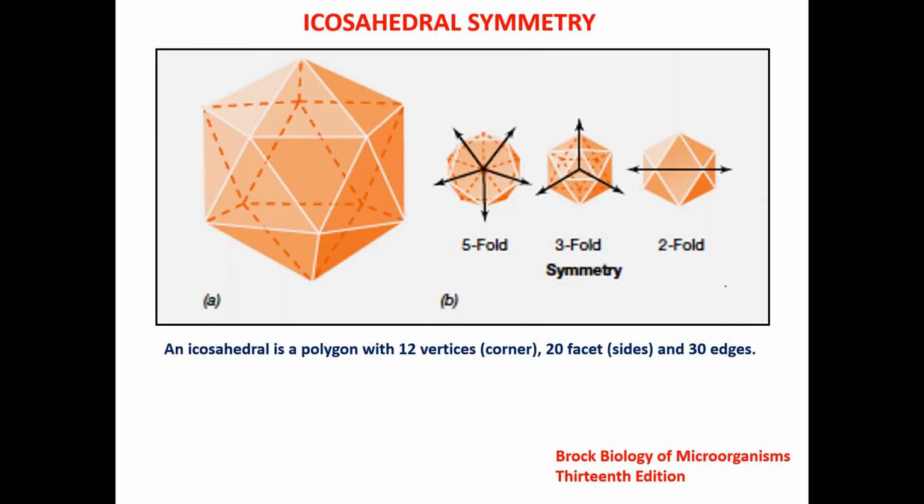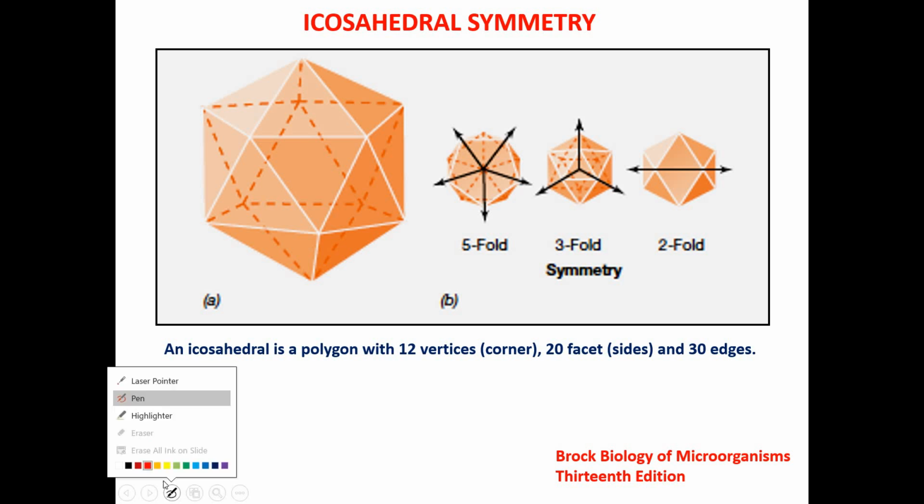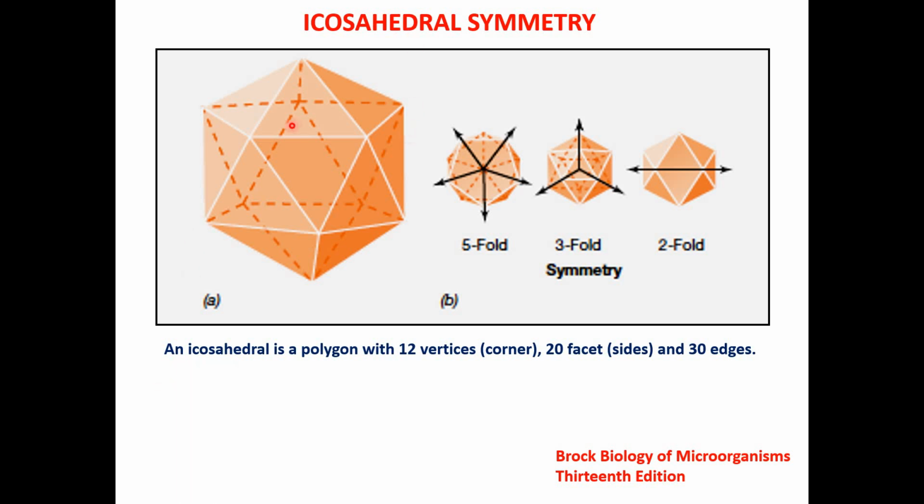Now, what does the icosahedral symmetry mean? Icosahedral symmetry is a special type of symmetry where a polygon has 12 vertices, that means corners, 20 facets, and facets means sides.